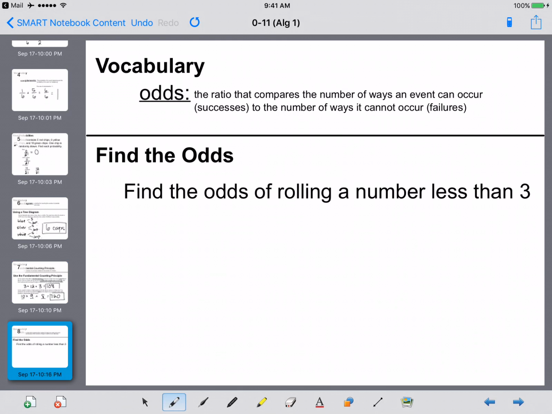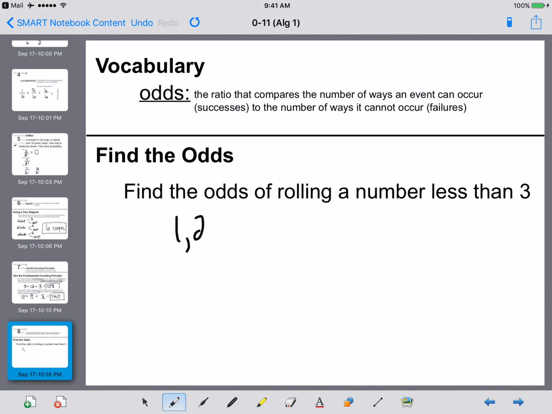And finally, our last vocabulary piece is the odds. That's the ratio that compares the number of ways an event can occur, the successes, to the ways it cannot occur, the failures. So we want to find the odds of rolling a number less than 3.